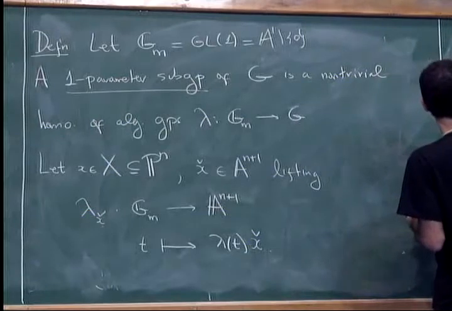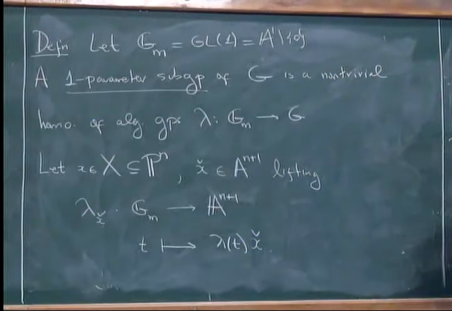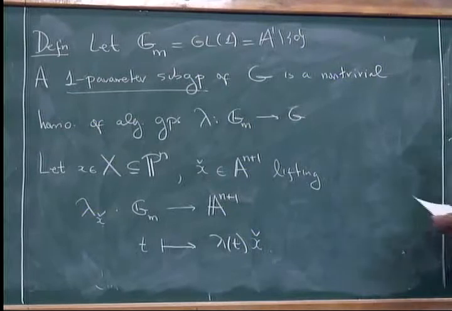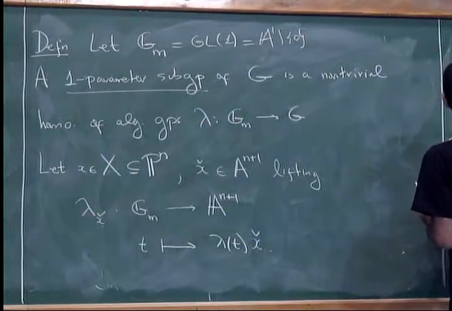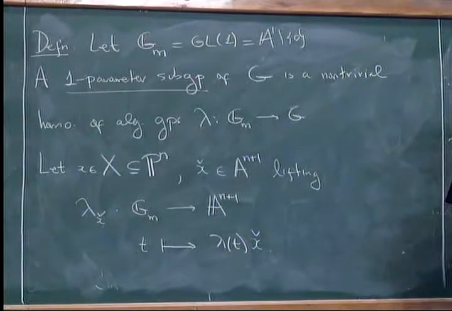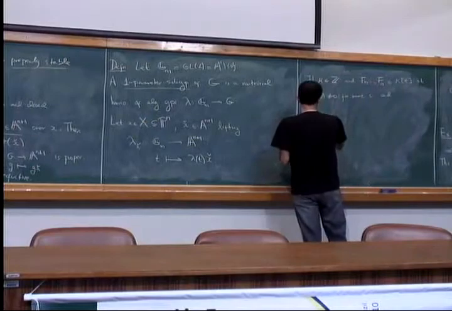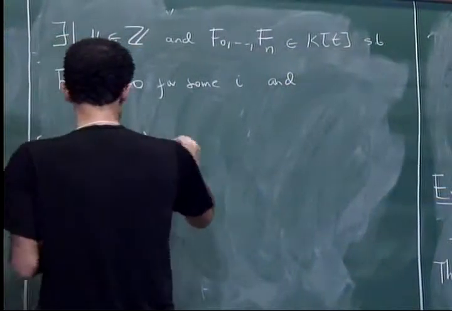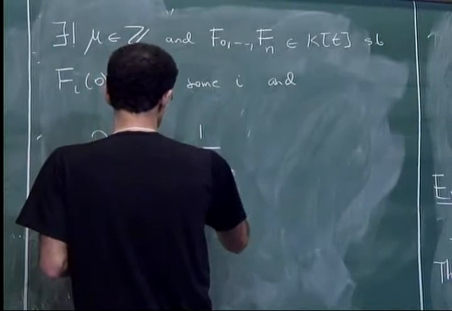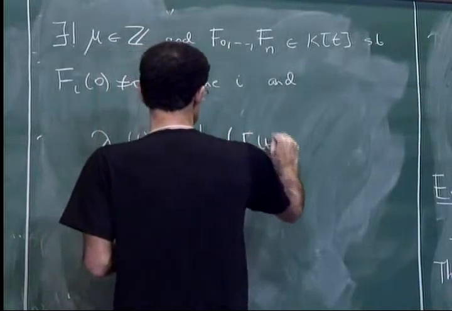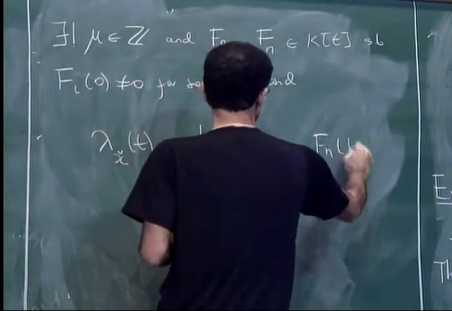There is a unique integer mu, and polynomials f naught up to f n, such that one of them is not divisible by t, and such that I can describe this as 1 over t to the power mu times (f naught of t, up to f n of t).